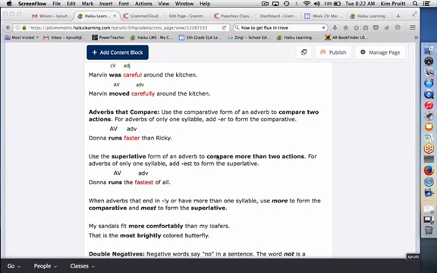Now, if you're comparing more than two actions, then you're using EST. So let's take a look. Donna runs faster than Ricky. We've got two people, and we've got two actions of two people. So we're using ER. She's not running the fastest than Ricky. She's running faster than Ricky. So we're comparing two things.